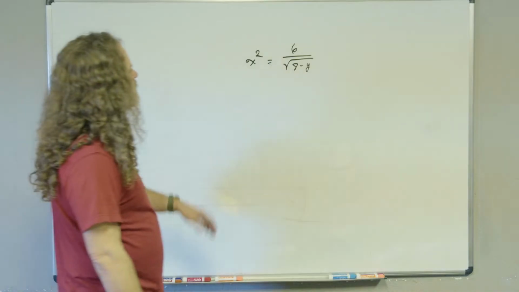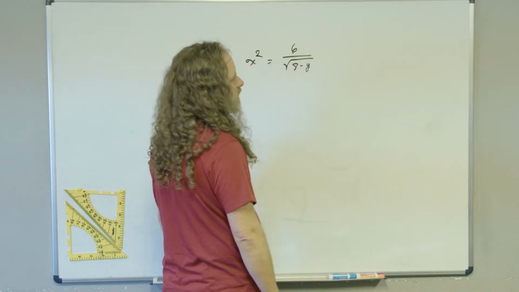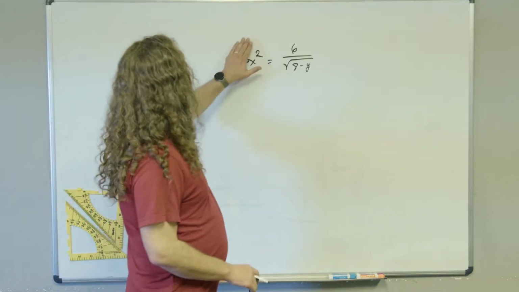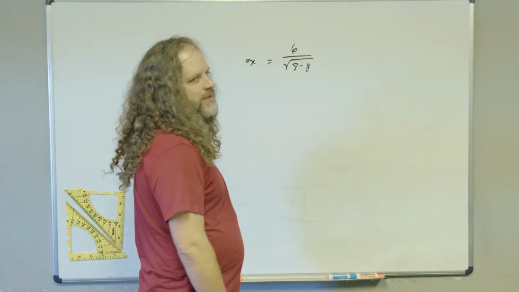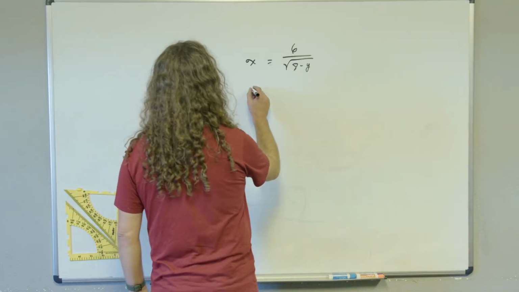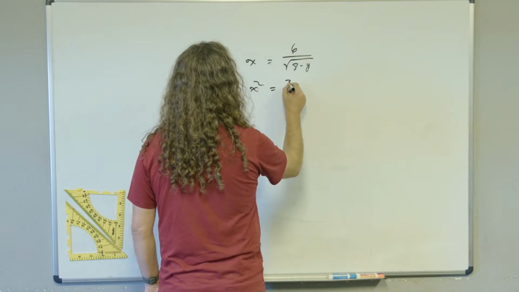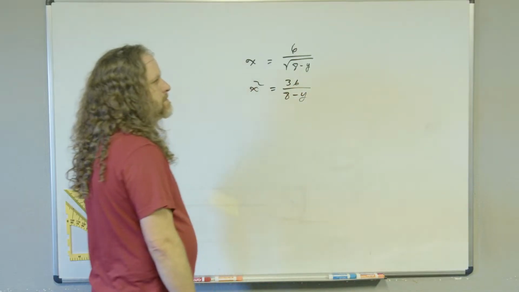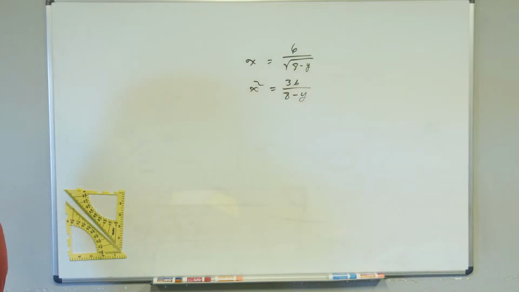I did square x. Wait, where did we get the square? Oh, we don't get the square yet. What I did here was I squared both sides of the fraction. But I didn't square x, because I thought when you square the top and bottom of a fraction, it's just changing. Like 36 over 8 minus y.